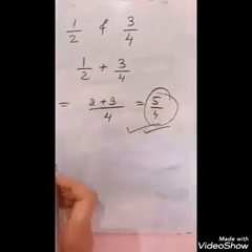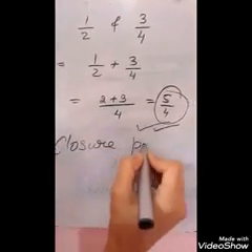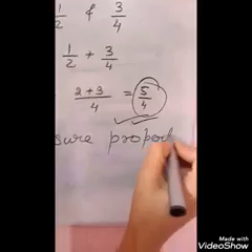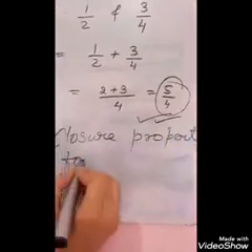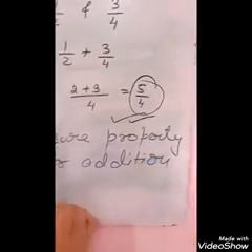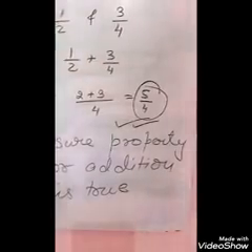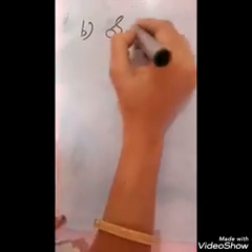So we can say that closure property for addition is true in rational numbers.